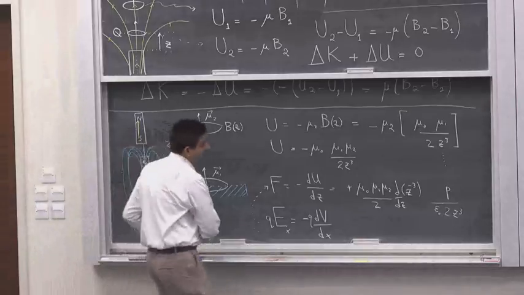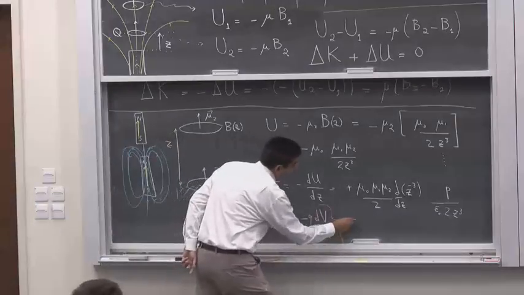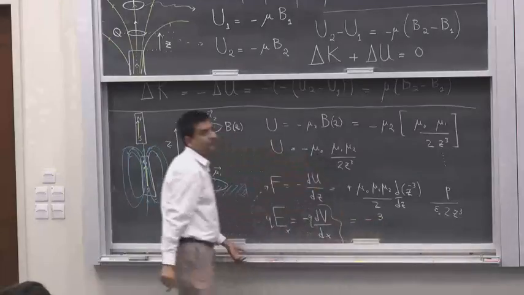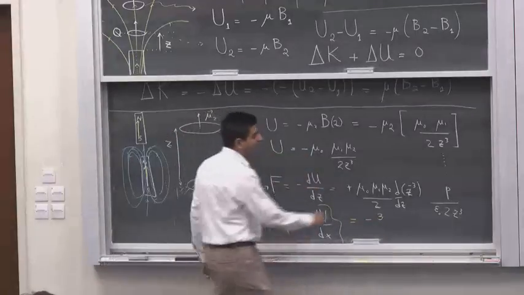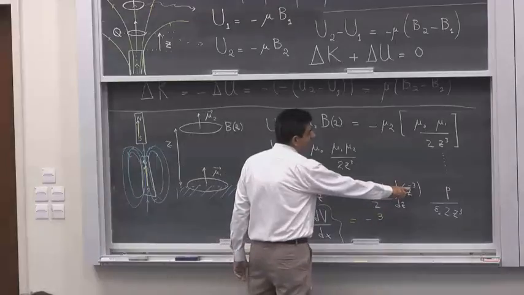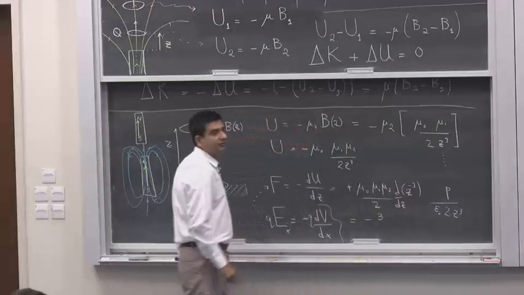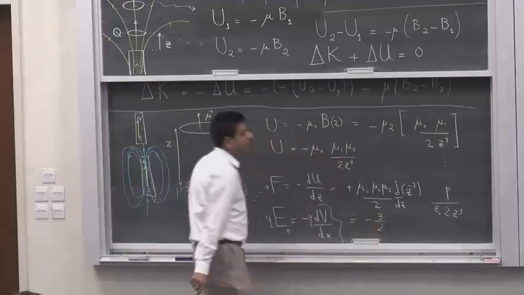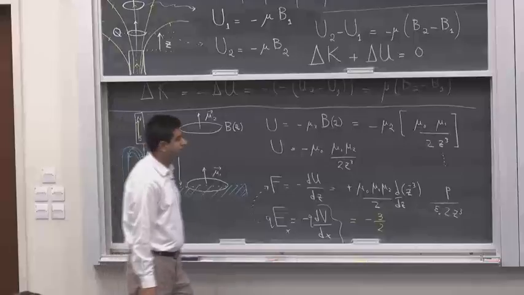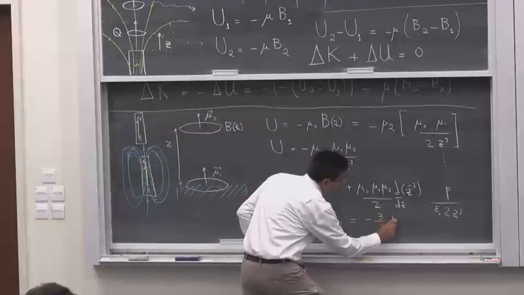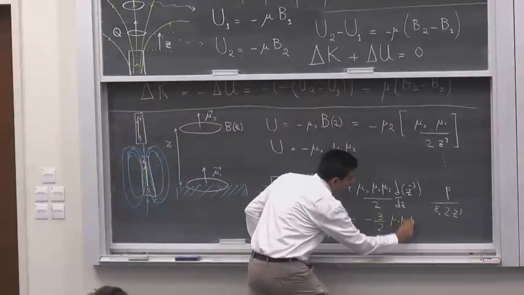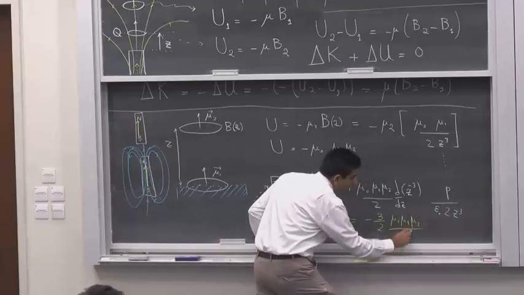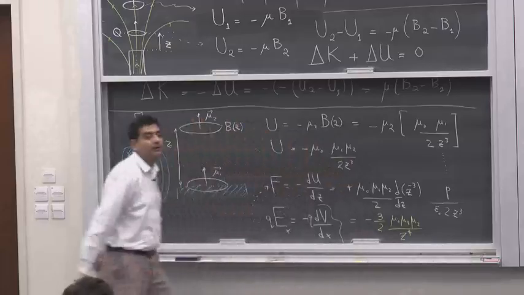Hence, this force turns out to be minus 3 over 2 mu naught mu1 mu2 over z raised to power 4.